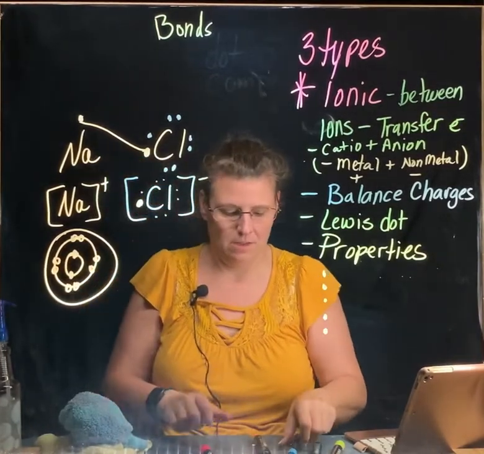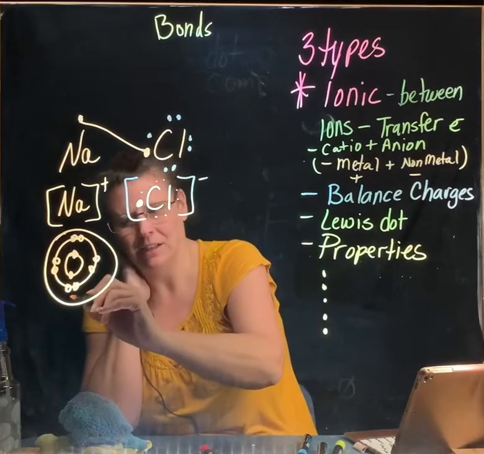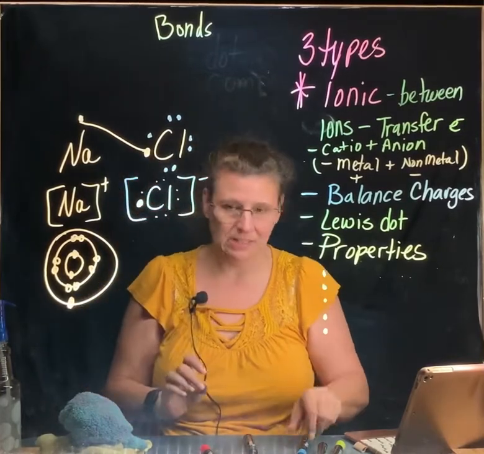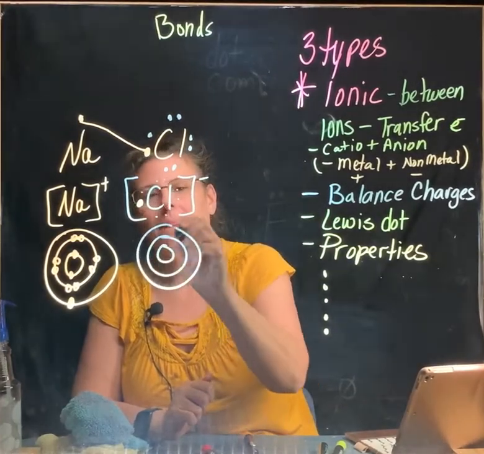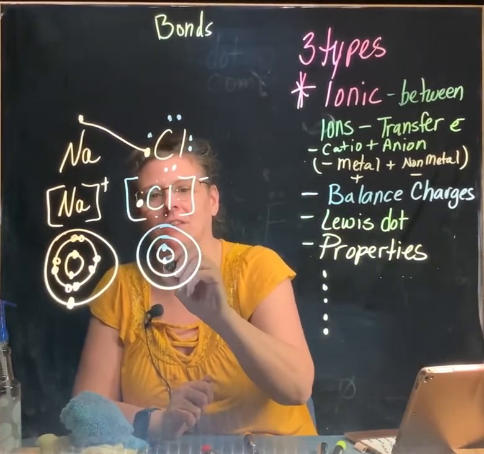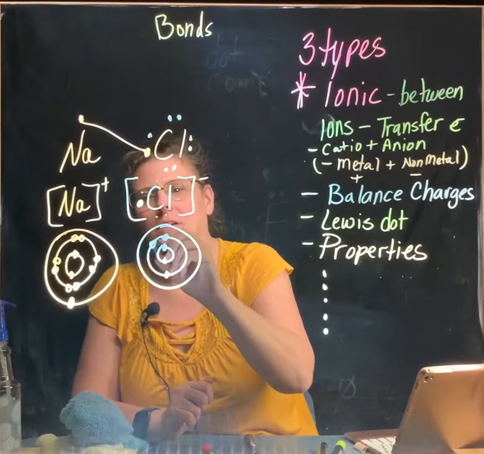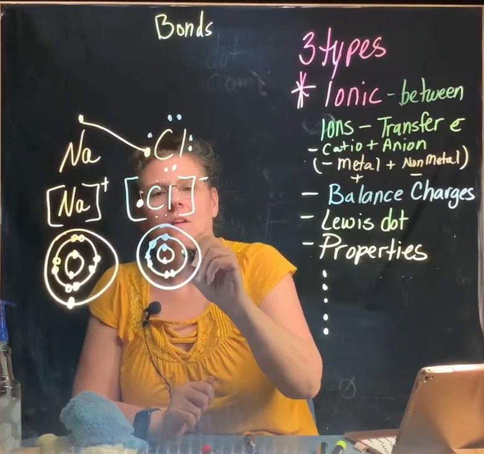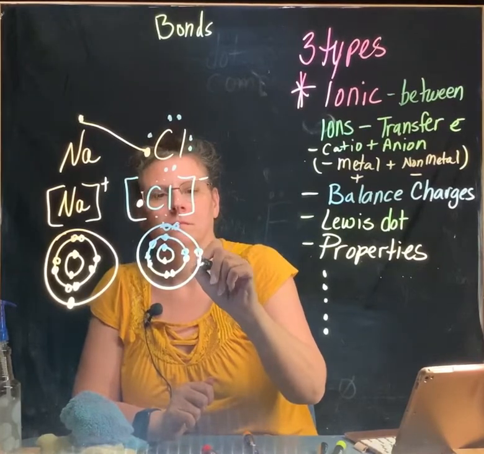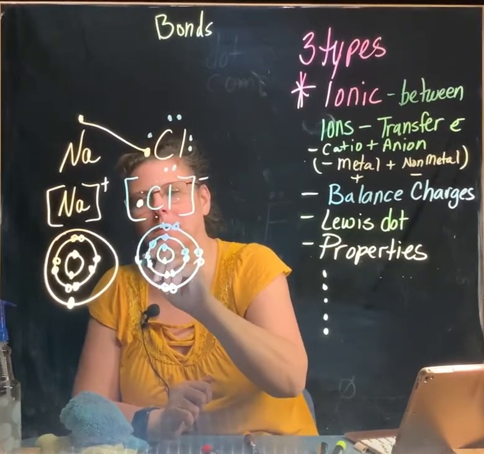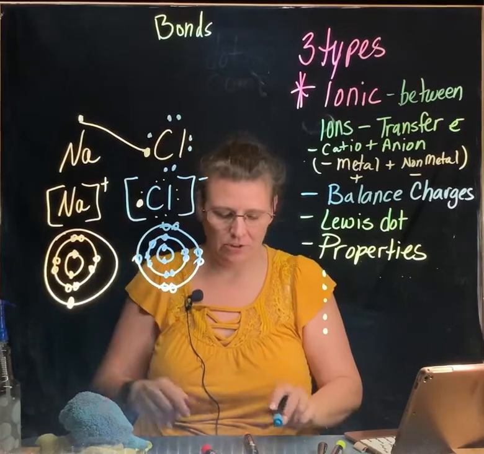Okay, 11 electrons and 1 valence electron, and chlorine has 17 electrons. Okay, so it has 7 in its outer shell.